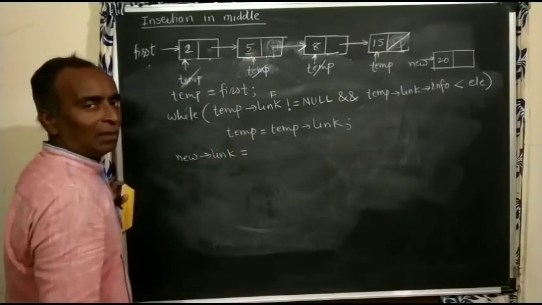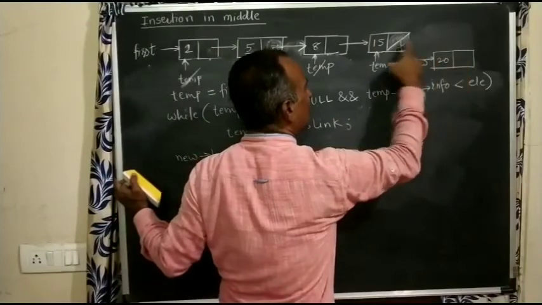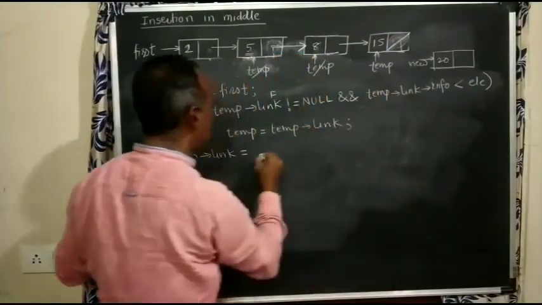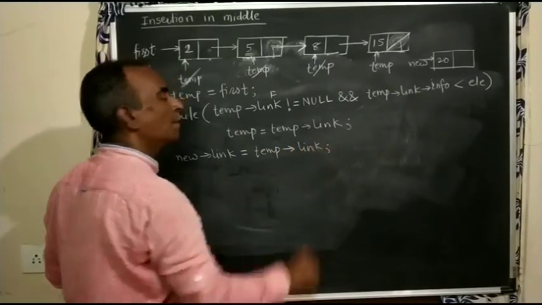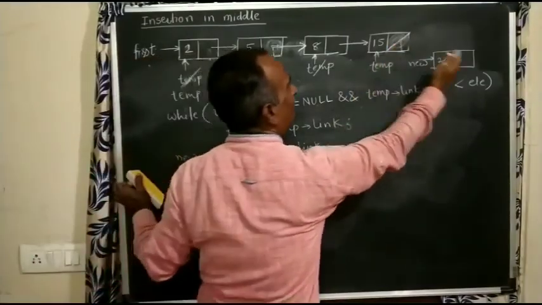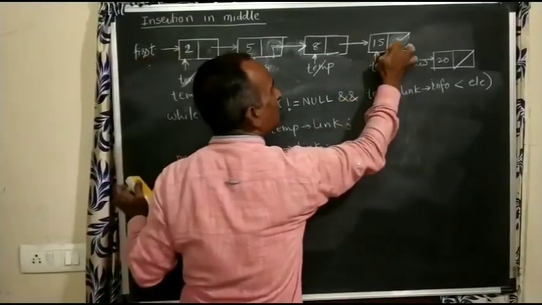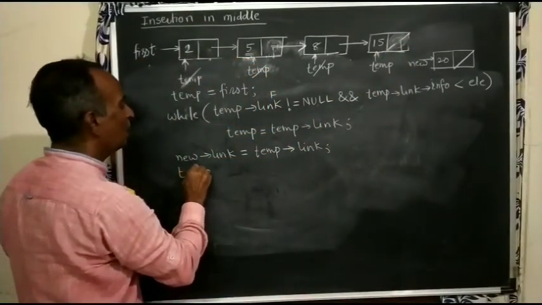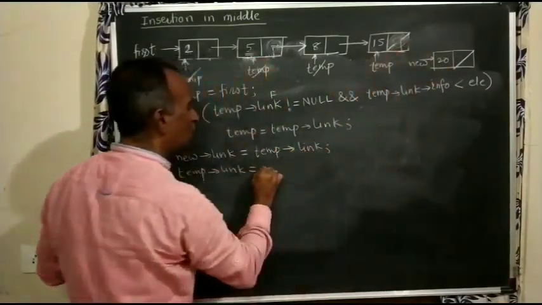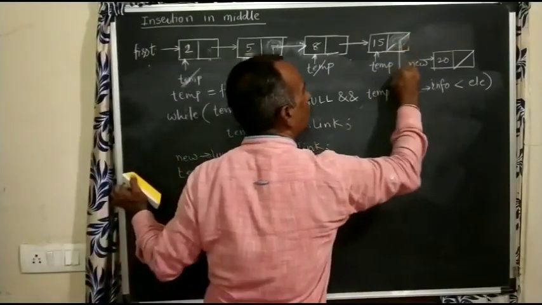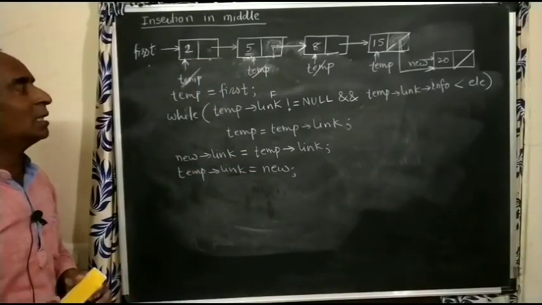What we always gave in the earlier logic, this link should be given to this link, the predecessor node's link field. Now in this case, you are giving temp's link field, right? So what is copied? Null will be copied here. Then which field do we have to set? This field. This field is accessed by temp's link field, and it should point to this new. That's it. Now all other cases will be taken into consideration here, right?